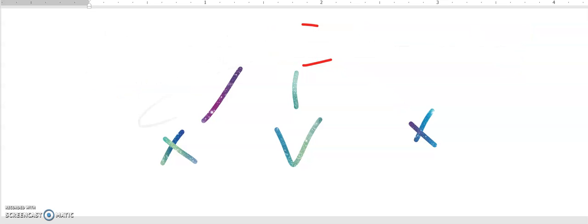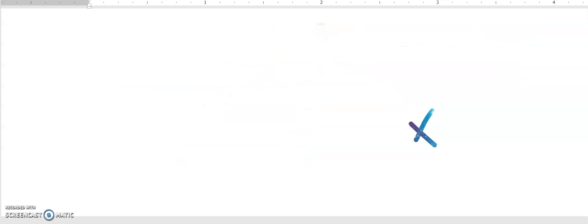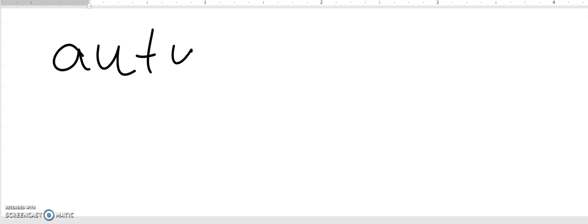Fine. Now, we will move to the words that have silent letters, silent consonants. Suppose that we have the word autumn. For the word autumn, as you see, this consonant letter is silent.